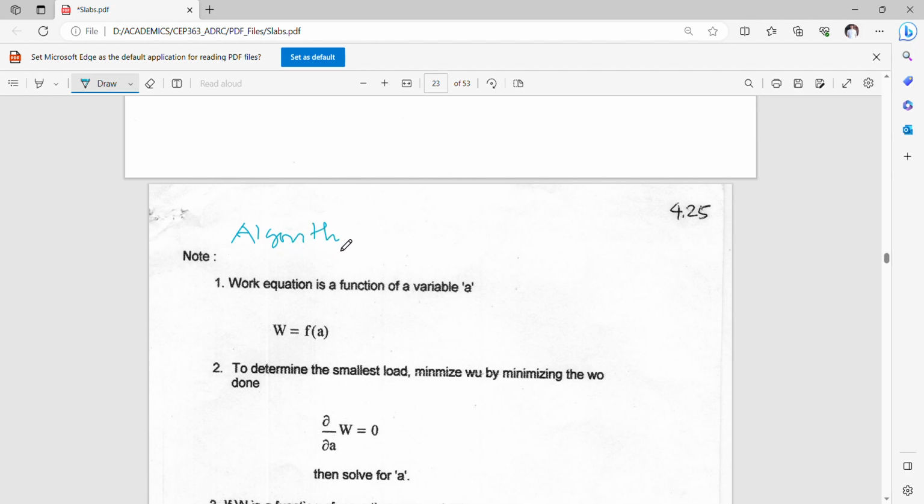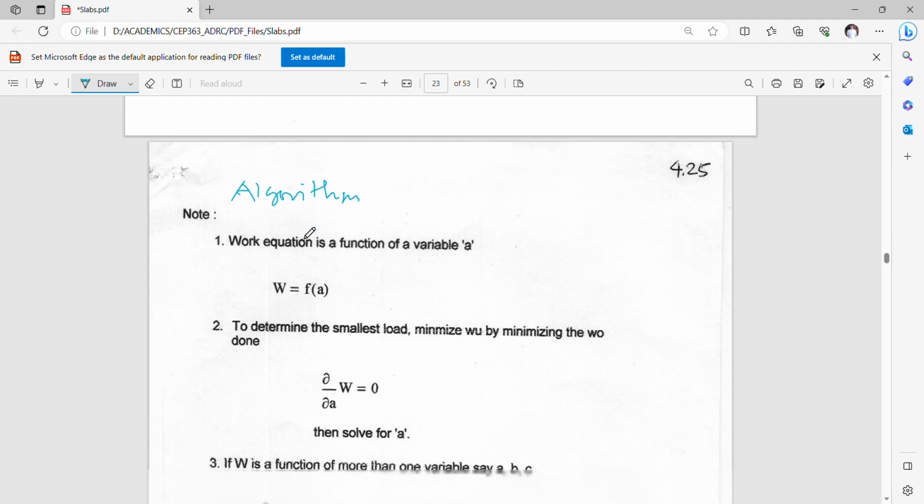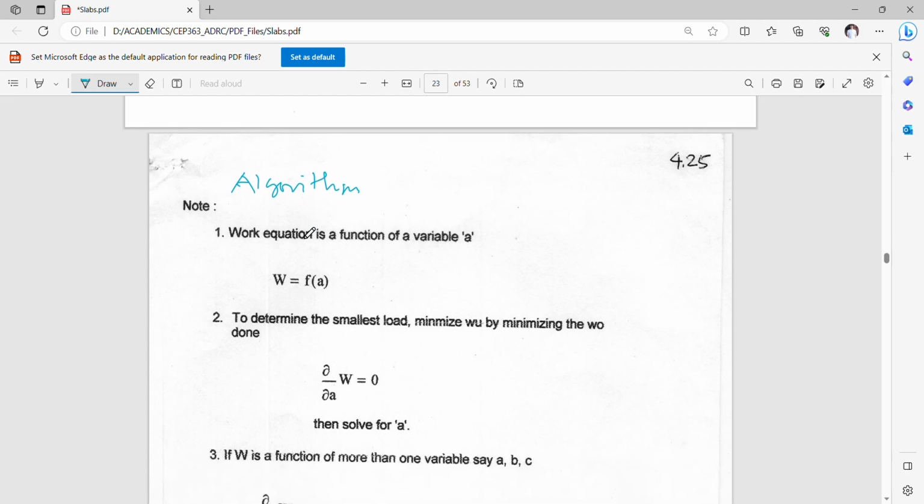We will not be tackling this in detail, because this is a separate programming lesson that I may be giving you in a separate video. But to discuss the basic steps first, we make use of a work equation as a function of your variable a. Okay, so what is your work equation in terms of a?